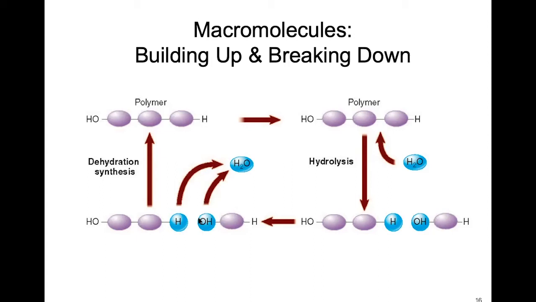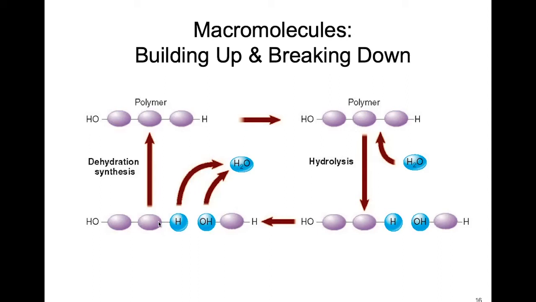From one end, we're removing a hydroxyl group, OH, and from the other, we're removing a hydrogen. And when we do that, you have your H2O. So we're removing a water, which is why it's known as dehydration, and we're putting it together, synthesis. So it's kind of a dead giveaway, right? If you hear the term dehydration synthesis, you're thinking we're losing water from the molecule and we're putting it together.